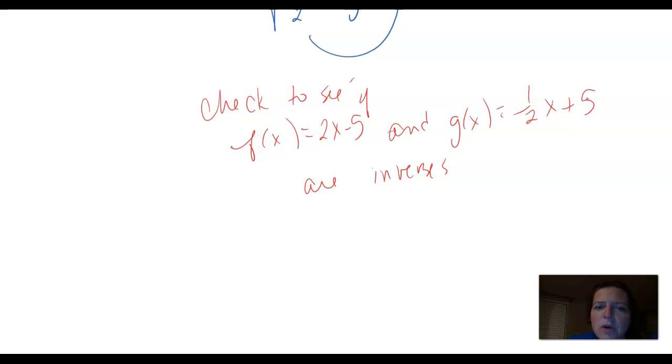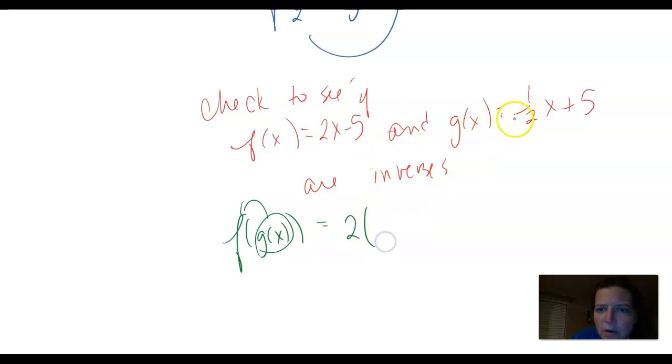Okay, so if I want to see if these two are inverses, what I'm going to do is that definition, which says to do f of g of x, and we want to see if that's going to simplify to the variable x. So remember, when you're doing a composition, you work inside to out. So I need to take g and plug it into f. So all of this is getting plugged into the spot in f.